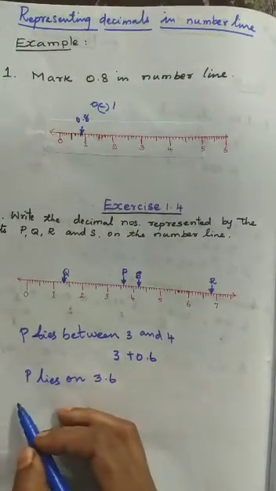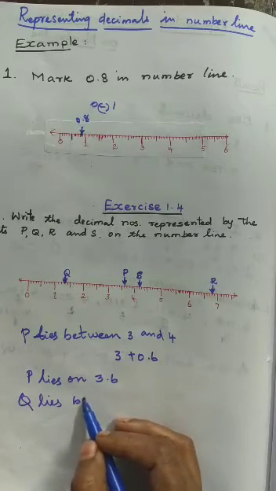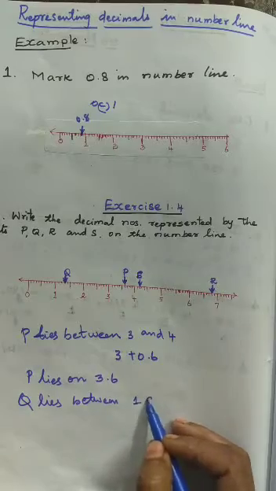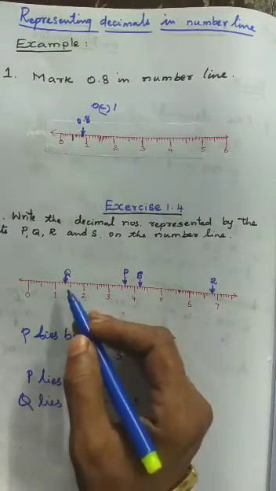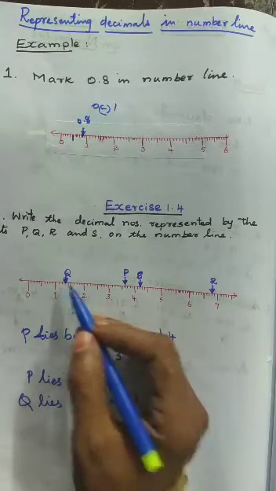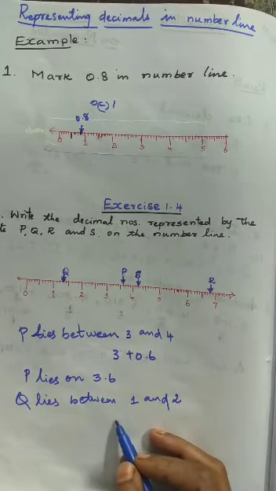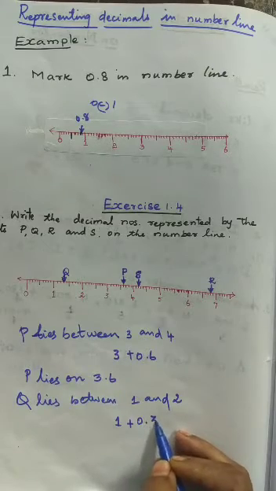Then Q. Q lies between 1 and 2. It lies on the third line. So it lies on 1 plus 0.3.